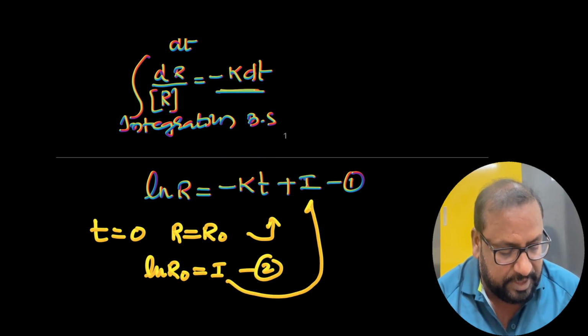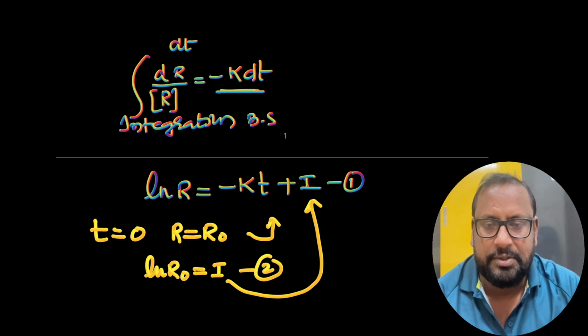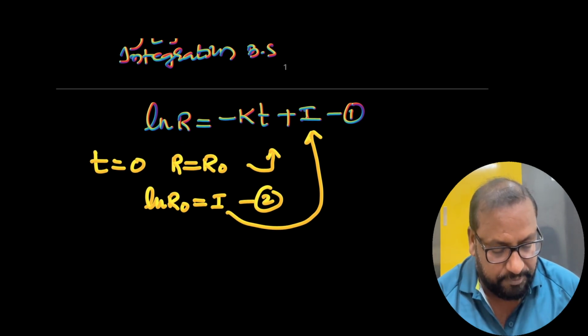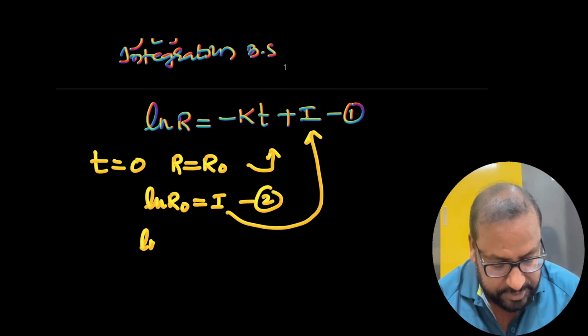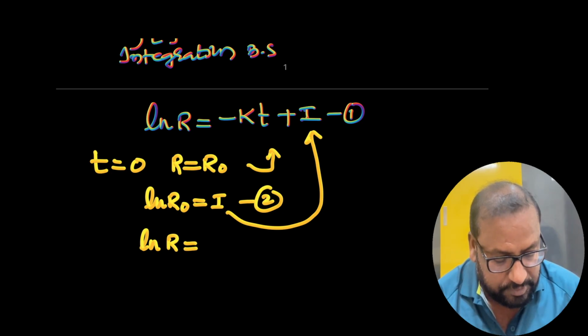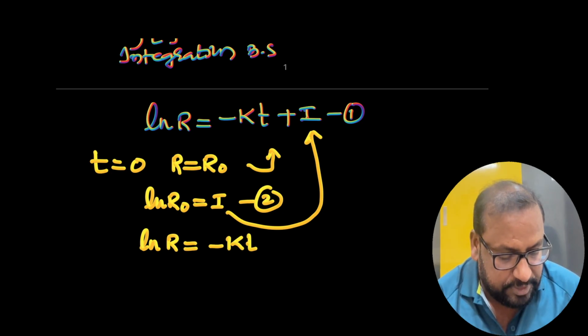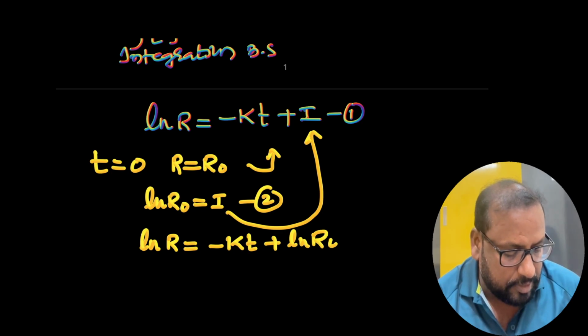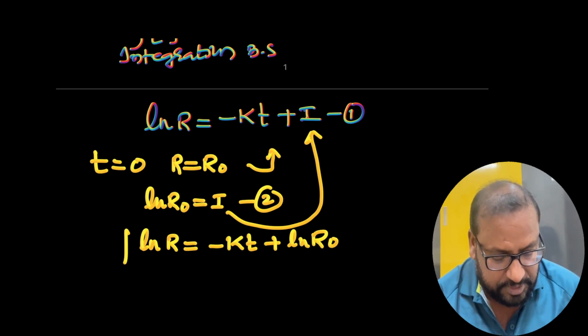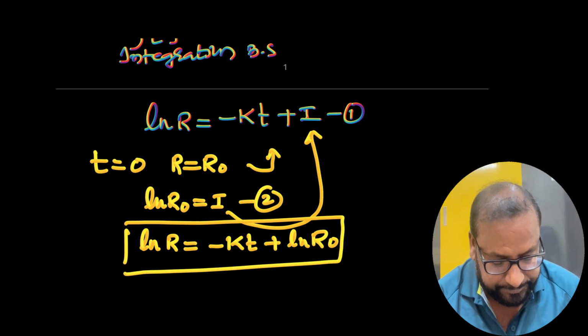Now I plug this I value from equation 2 into equation 1 to get the final equation. Here ln R equals minus kt plus ln R0. So this is the first order rate equation.